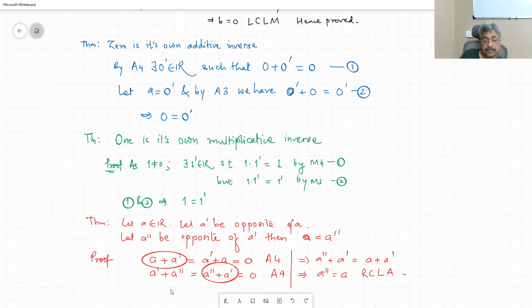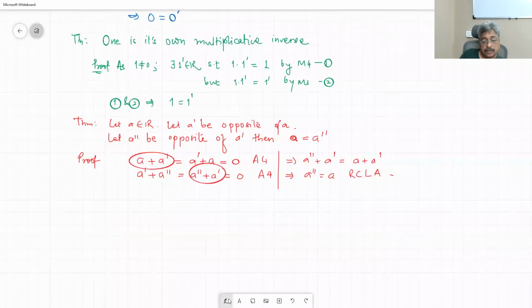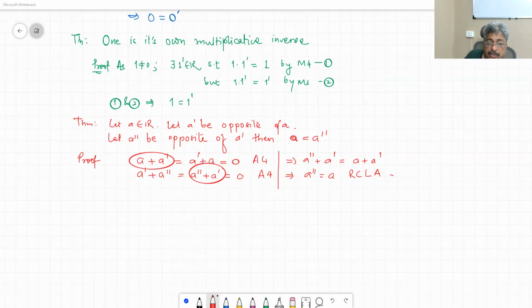Next theorem would be reciprocal of reciprocal. But before that, let A belong to R such that A is not equal to 0.